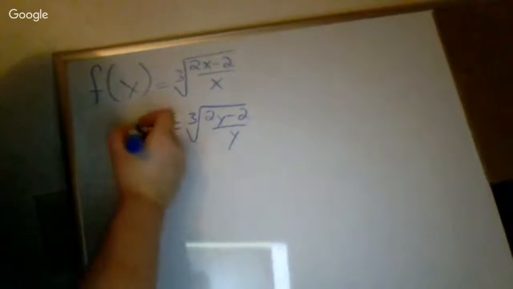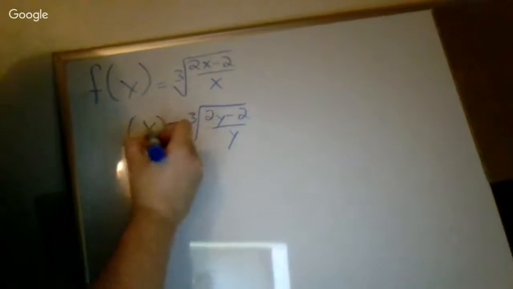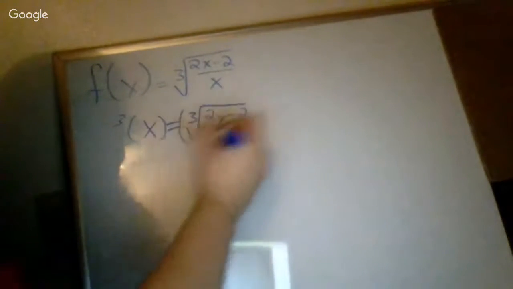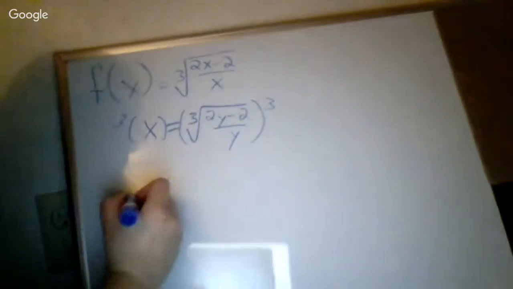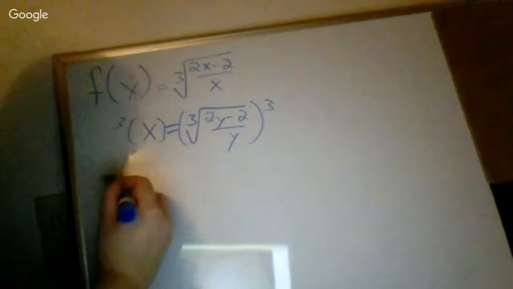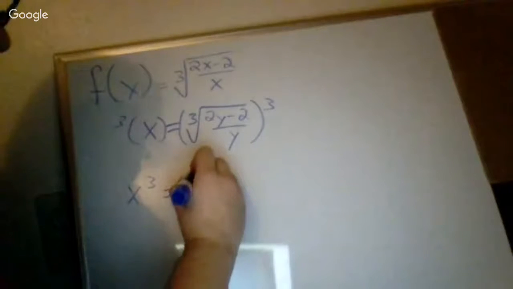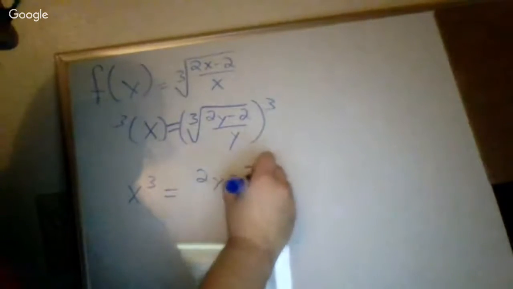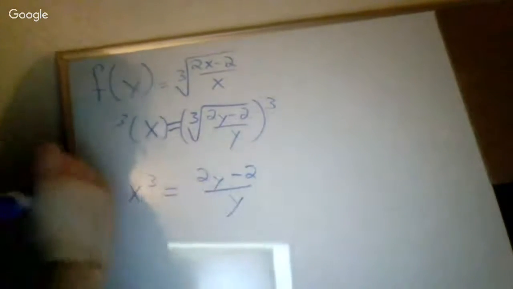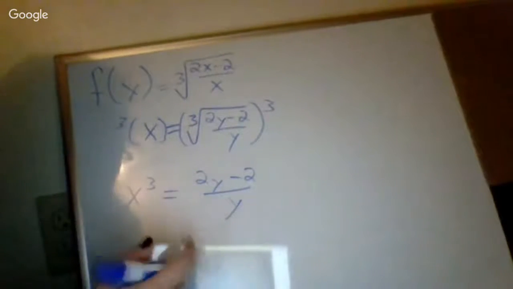And then we are going to cube both sides to get rid of the cube root. And that will give us x cubed equals 2y minus 2 over y. So that gets rid of the cube root for us.